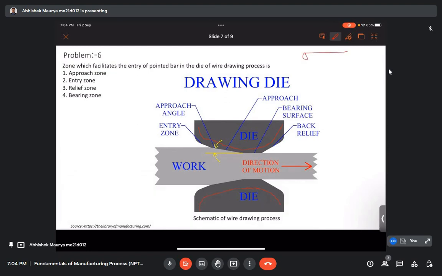Basically we have a bar initially, and finally we try to reduce its diameter to a smaller one, and it is wire. So from bar to wire, we want to manufacture wire, and the process which is used to get the wire from the bar is called the wire drawing process. And what happens in the wire drawing process, we have a die which is already there, and it has separate zones.